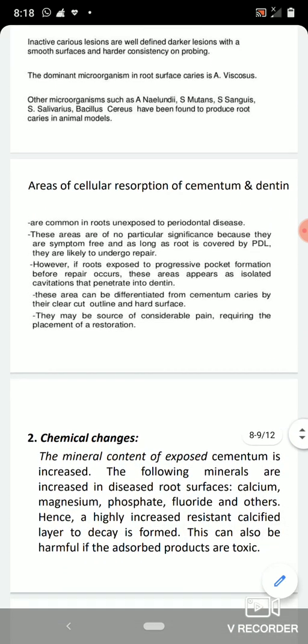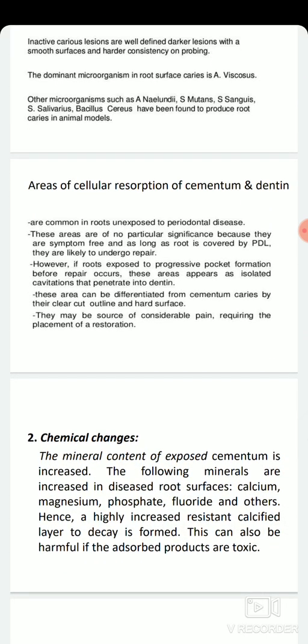Coming to areas of cellular resorption of cementum and dentine, these are common areas in roots which are unexposed to periodontal disease. These areas are of no particular significance because they are symptom free, and as long as the root is covered by periodontal ligament, they are likely to undergo repair.